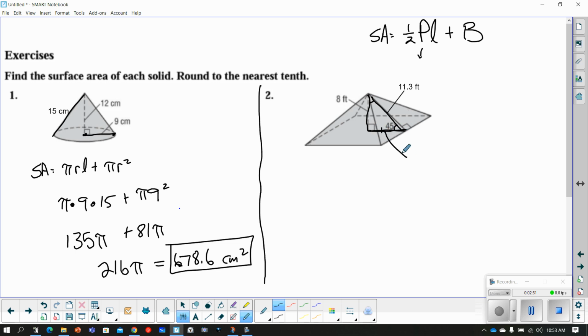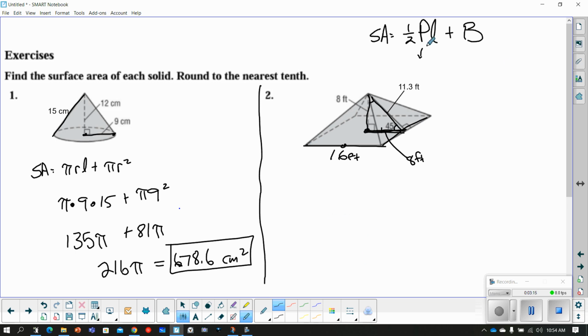So this right here would also be 8 feet. So from the center to the edge is 8. That means all the way across here would be 16 feet, right? If half of it's 8, the whole thing is 16. So the perimeter of this base would be 16 plus 16 plus 16 plus 16, which is 64.